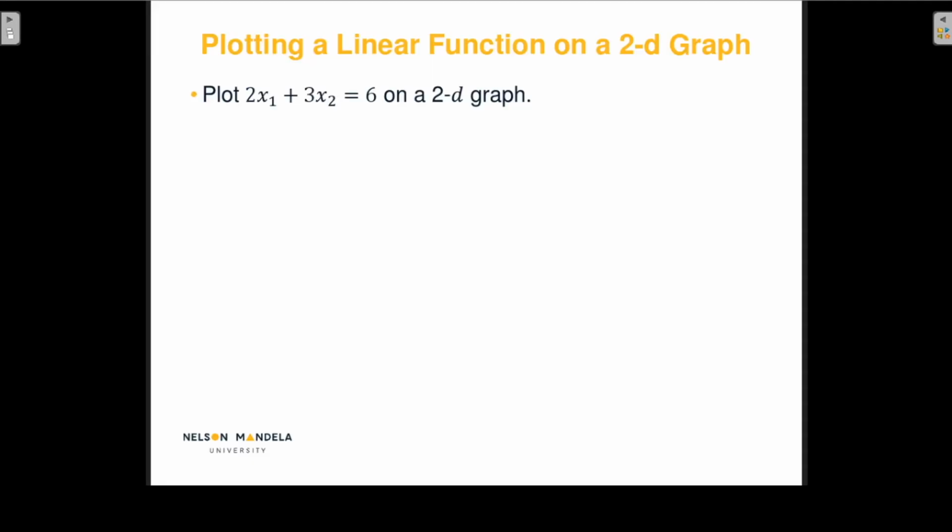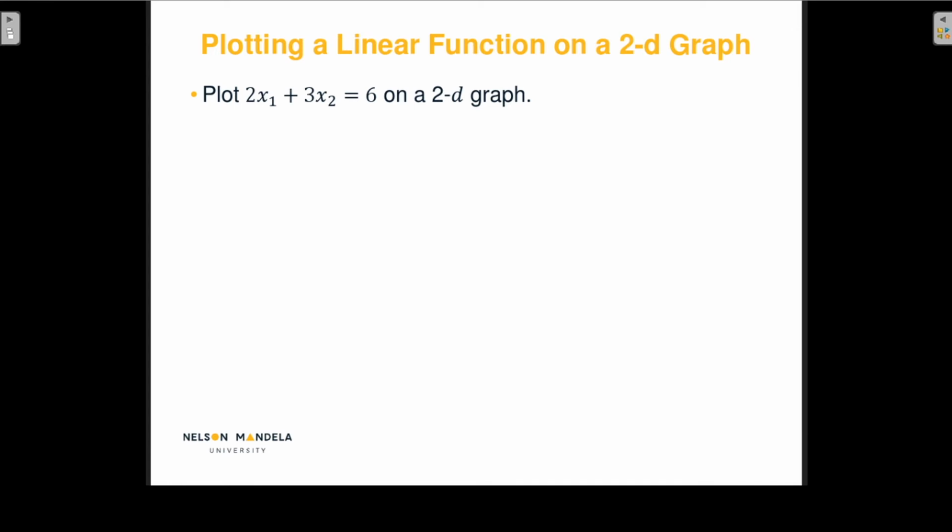Now let's look at this example. If we want to plot the equation 2x1 plus 3x2 equal to 6, one of the easiest ways to plot this graph would be to find 2 points and then draw a line through those 2 points that will represent your graph.